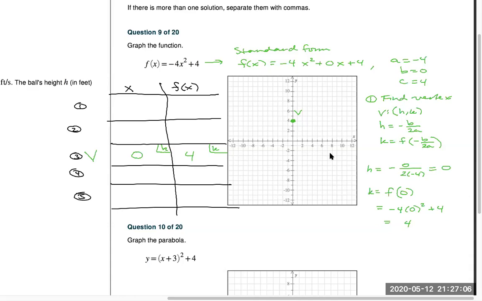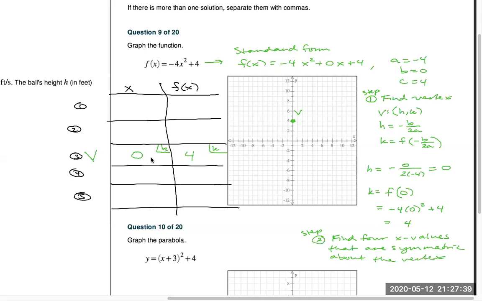Now my second step, find x values that are symmetric about the vertex.